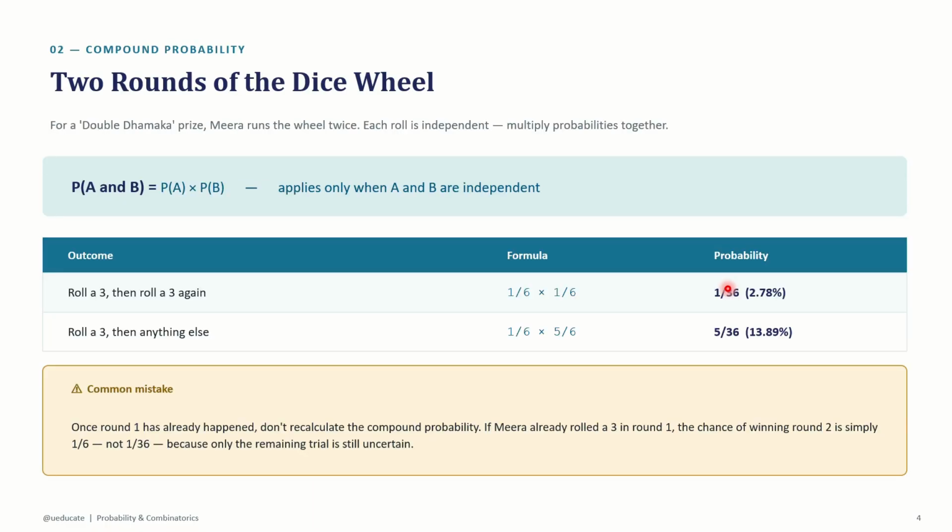Our next one is compound probability. Now Mira wants to run a bigger promotion, a double the markup price, for anyone who rolls the winning face 3 twice in a row across 2 separate spins. This is where compound probability comes in.